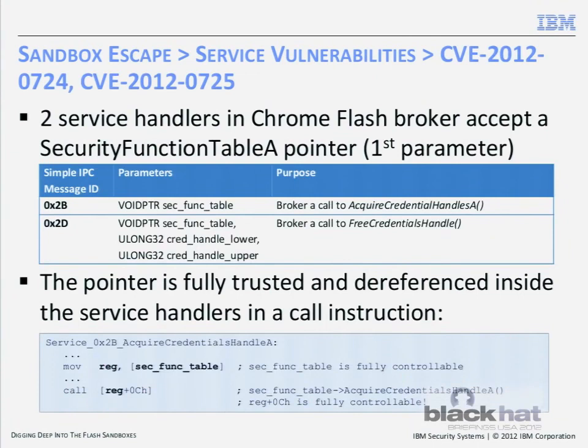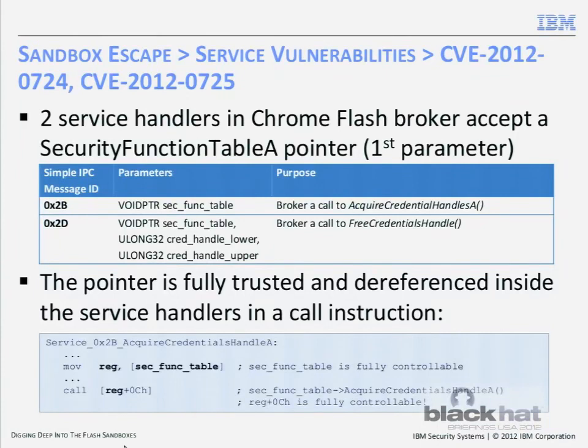As you can see, the two service handlers in the Chrome Flash Broker accept a pointer as a first parameter, this one and this one. And that pointer is fully trusted and dereferenced inside the service handlers in a call instruction. So if you look at this code, you can easily control the address in the call instruction.